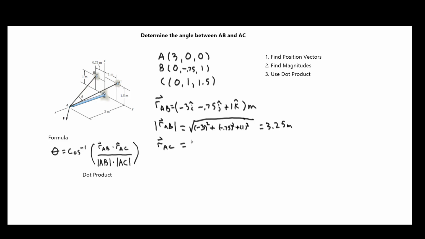So 0 minus 3 again is negative 3i, 1 minus 0 is 1, and then 1.5 minus 0 is 1.5 in the k direction.